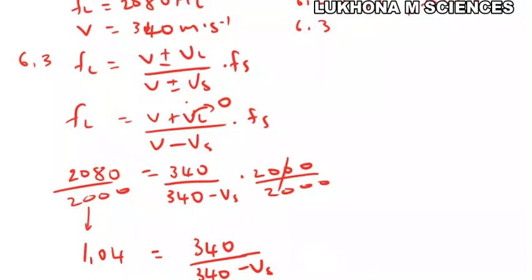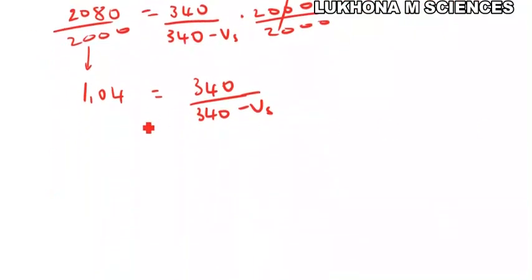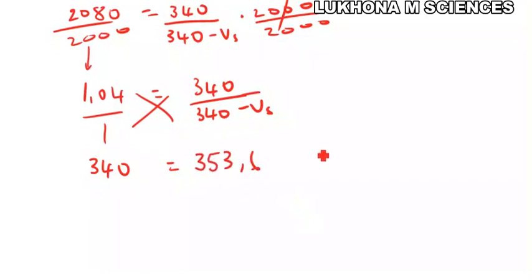Now step number 2, you cross multiply. We have 1 here, so we cross multiply: 1 times 340 is 340, which is equal to 340 times 1,04, which gives 353,6, and then minus 1,04 Vs. Then we transpose this one, so when we transpose it, the sign changes to a negative.